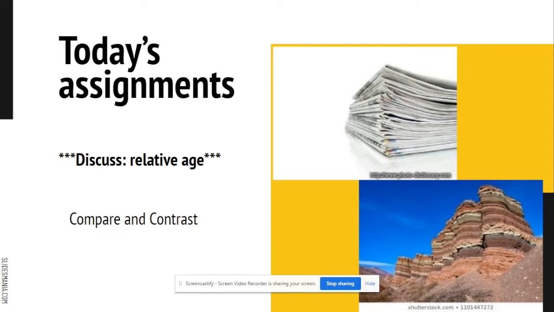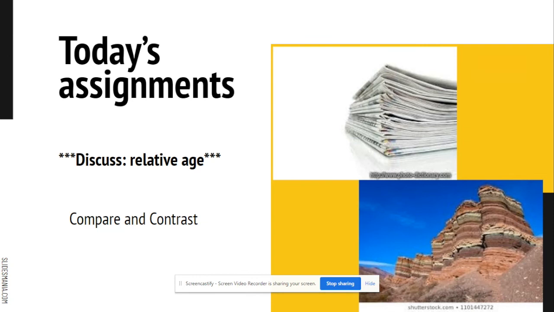And we're going to compare and contrast the 2 videos, how relative age was demonstrated similarly in both of them, and how it would be used a little differently when we're talking about newspapers versus rock formations. So that's only going to be about a paragraph. And again, both of our questions today are on the one Google form. So 1 paragraph comparing the relative age of newspapers and the rock formations.